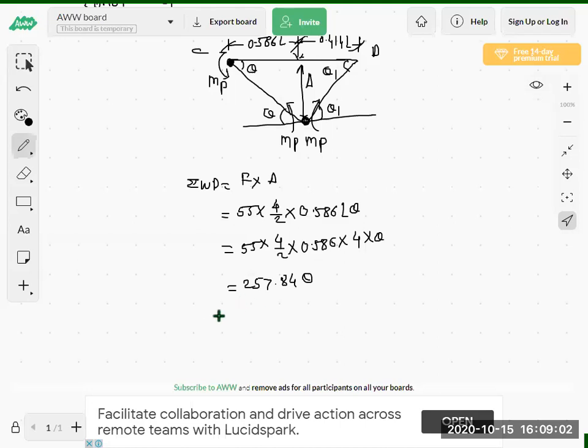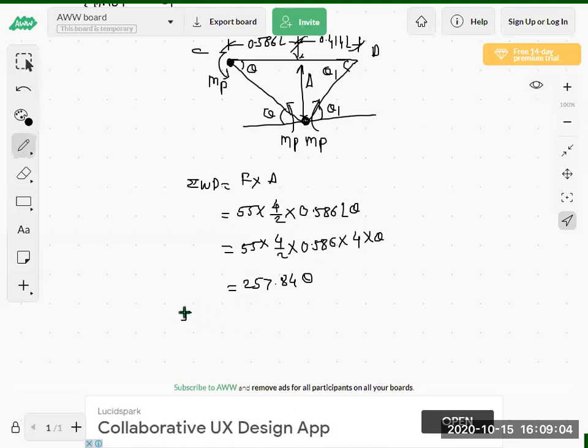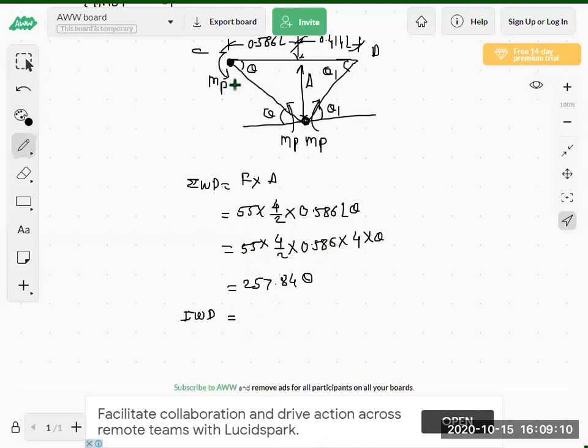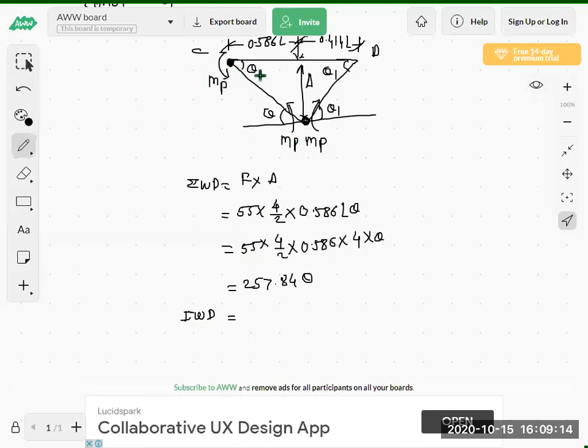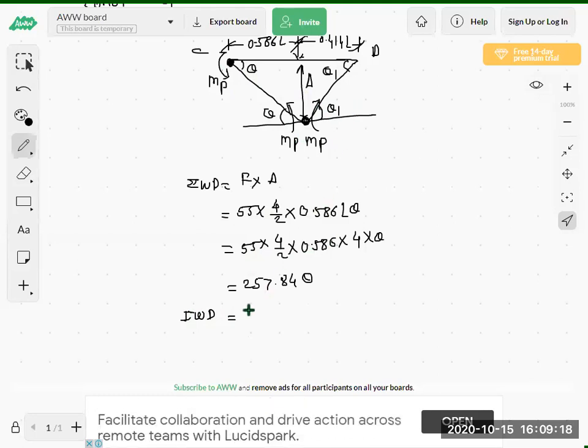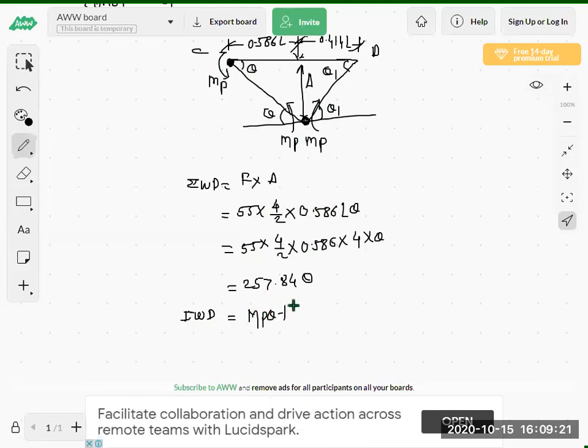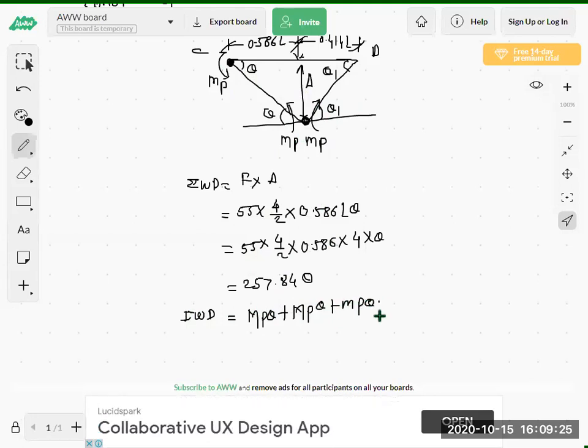Okay. So now calculate internal work done. So here again three moments are there, out of which two are with rotation theta and one is with rotation theta 1. So here MP theta plus MP theta plus MP theta 1.